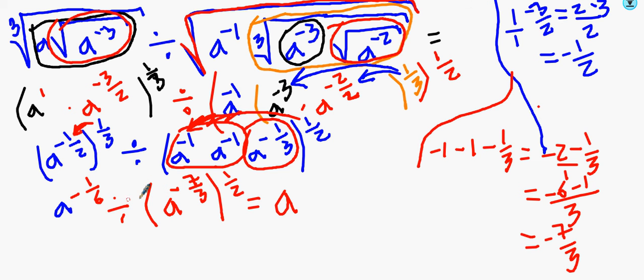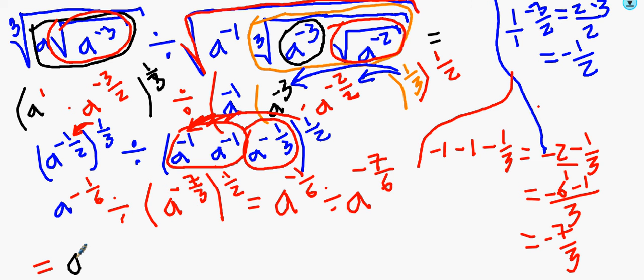So that equals a to the negative 1/6 divided by a to the power of, now multiply those two, negative 7/6. We have division, so we subtract exponents.